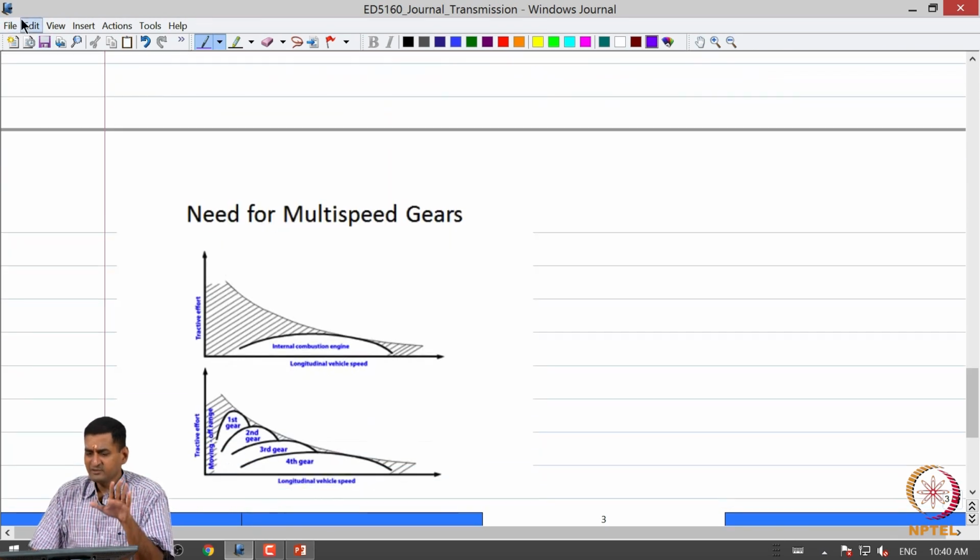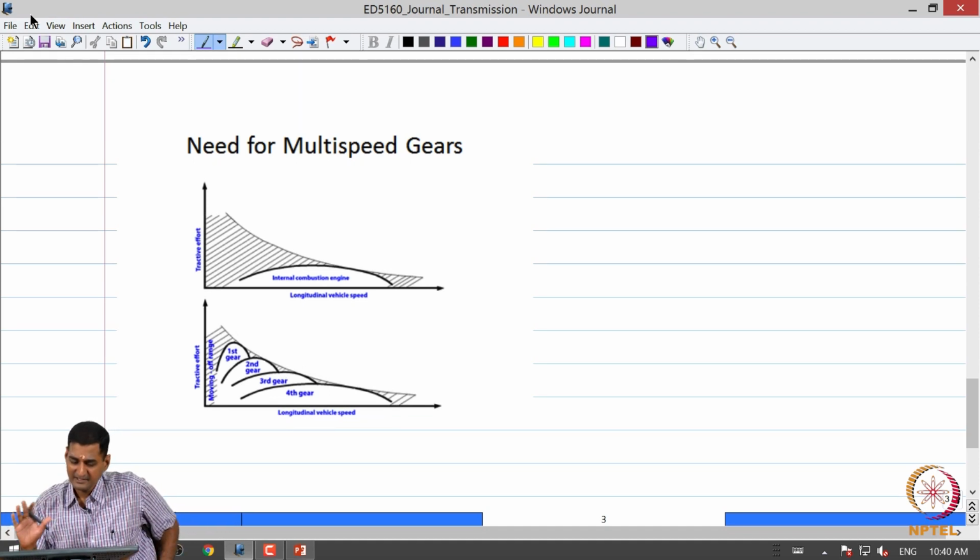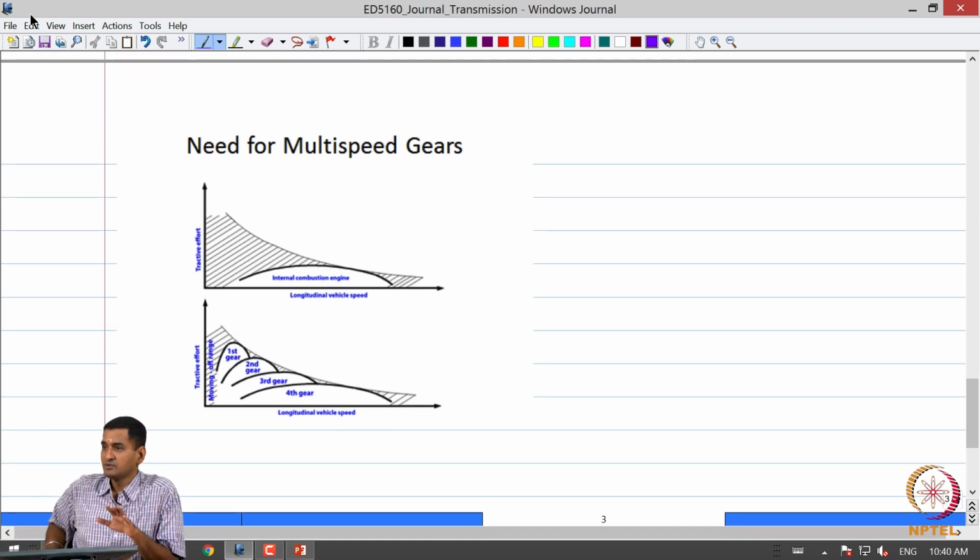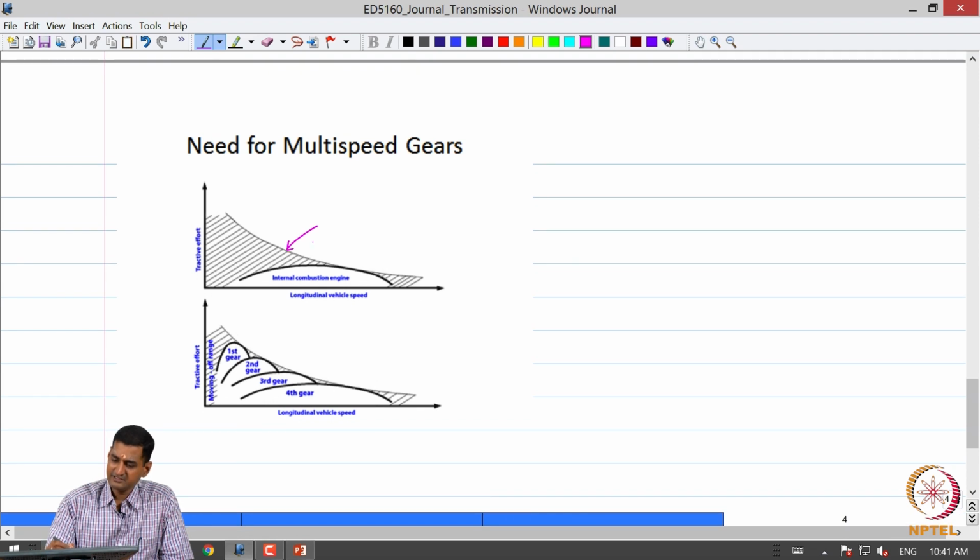Okay. So but we are going to be interested in the engineering side, right. So why do we use a multi-speed gearbox in an internal combustion engine? So let us look at that perspective. So as we just discussed, if I plot tractive effort versus vehicle speed, this is the ideal traction hyperbola.